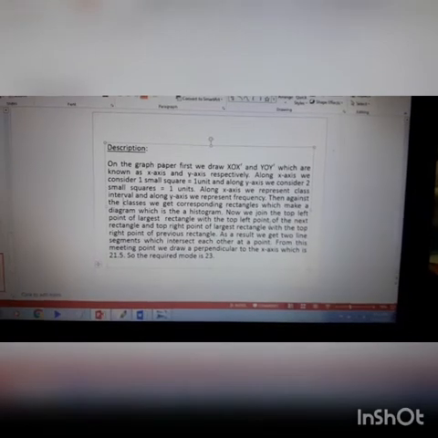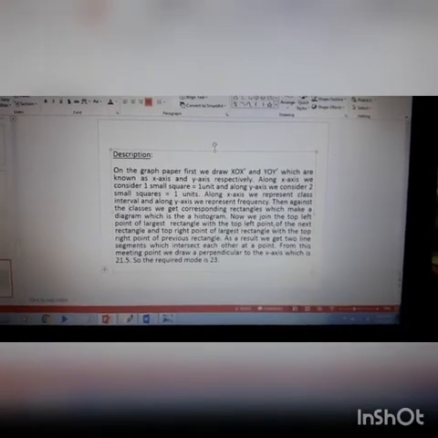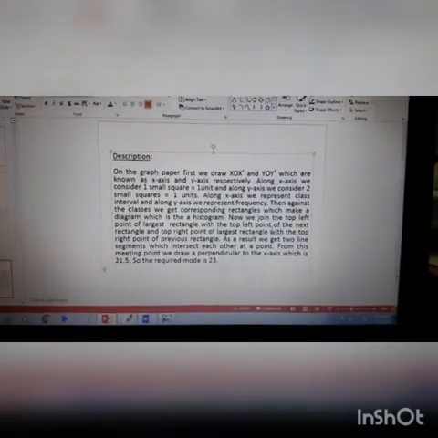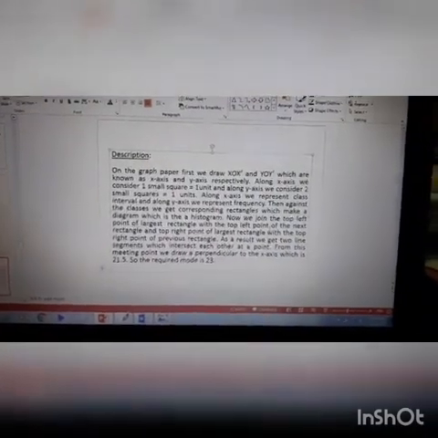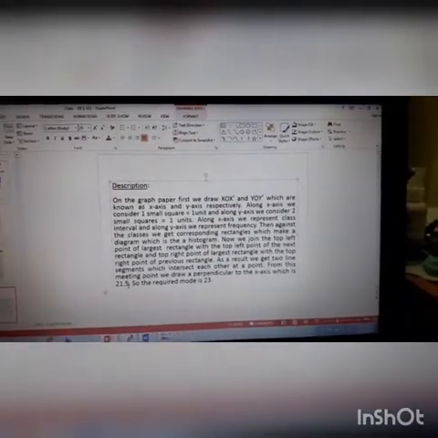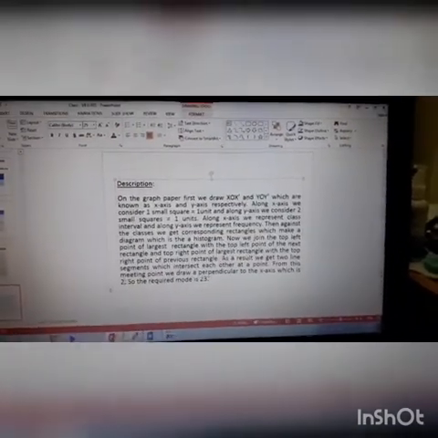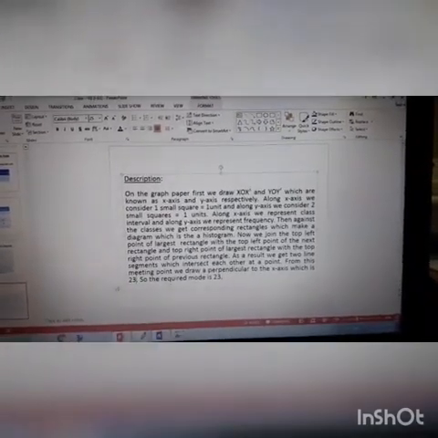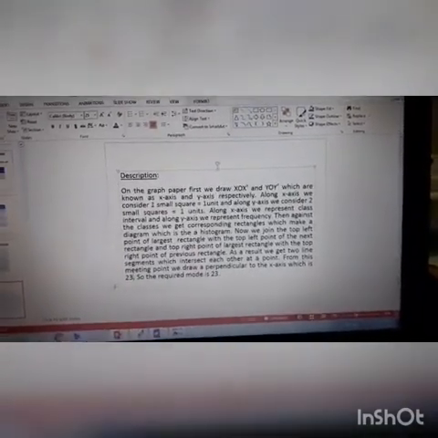As a result we get two line segments which intersect each other at a point. From this meeting point we draw a perpendicular to the x-axis, which meets it at 23, and this 23 is the required mode located on the histogram. So the required mode is 23.